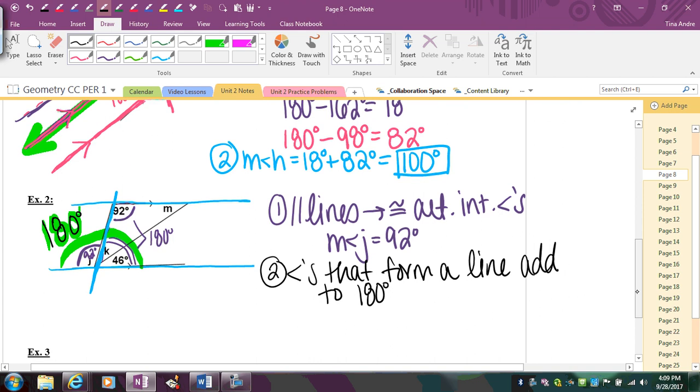And then what I'm going to do is I'm going to take 180 degrees and I'm going to subtract off the two angles I have. So the 92 and the 46. And you could have also said 92 plus K plus 46 equals 180. This is just quicker, but same answer. So when I do that, I end up getting 42. So that tells me that the measure of angle K is 42.